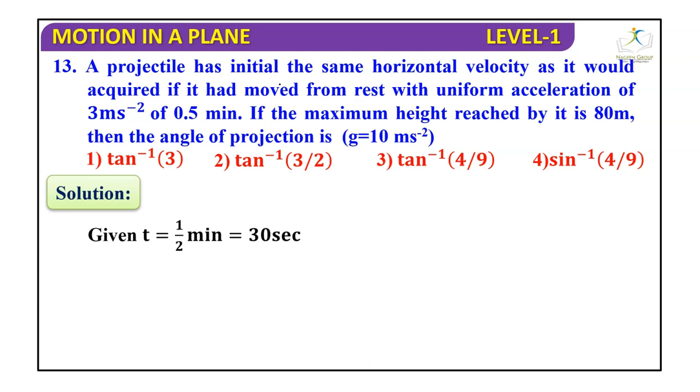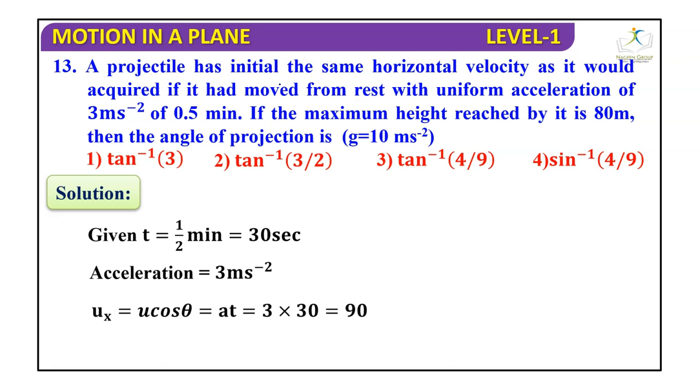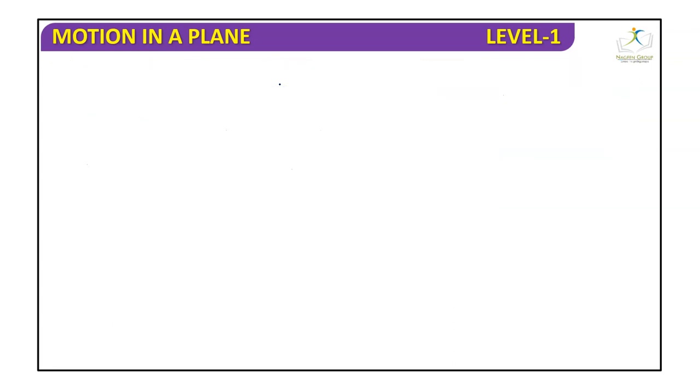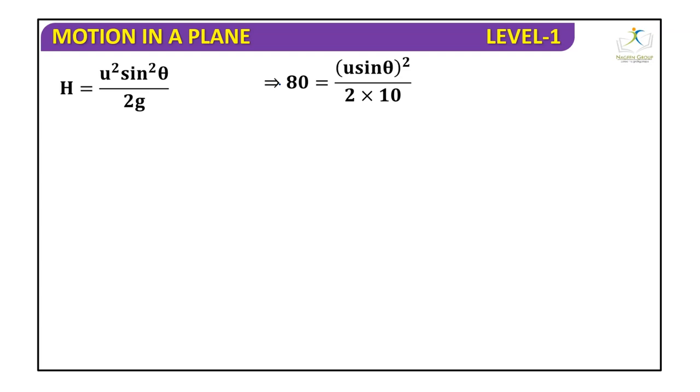So t is equal to the given half minute, 30 second, acceleration 3 meter per second square. So ux equals u cos theta, which equals 3 into 30, which is equal to 90. We know the formula of maximum height: H equals u square sin square theta by 2g. So 80 equals u sin theta whole square by 2 into 10, which gives 80 into 20 equals u sin theta whole square.